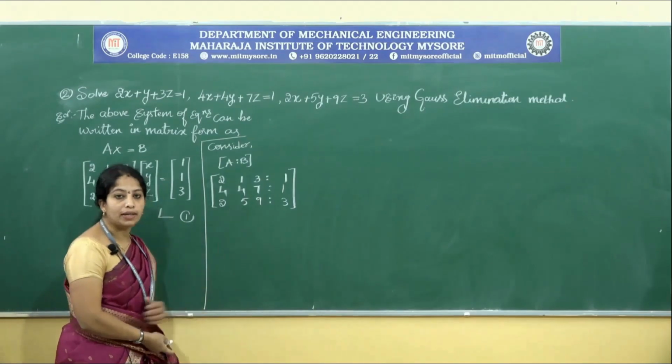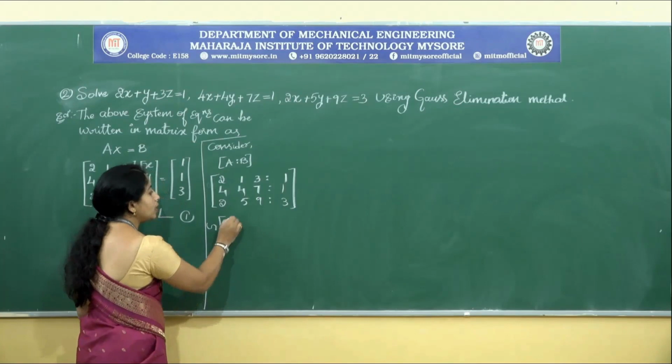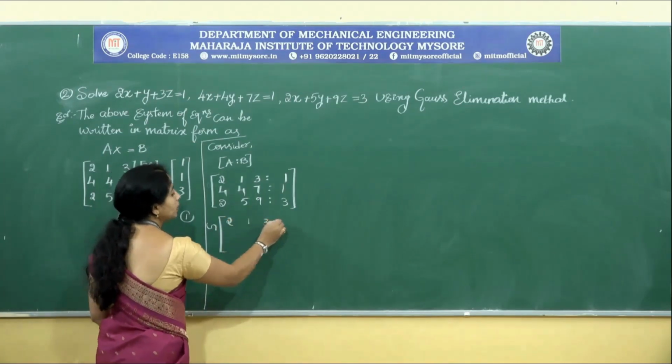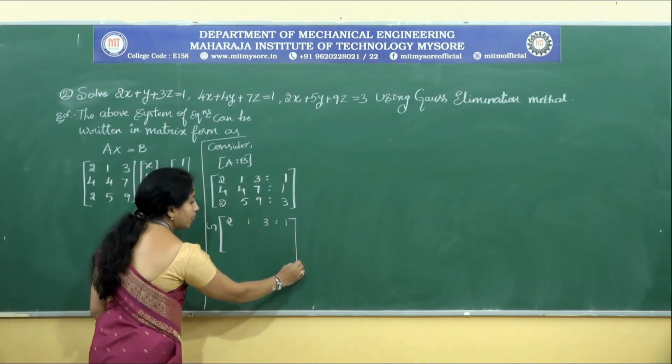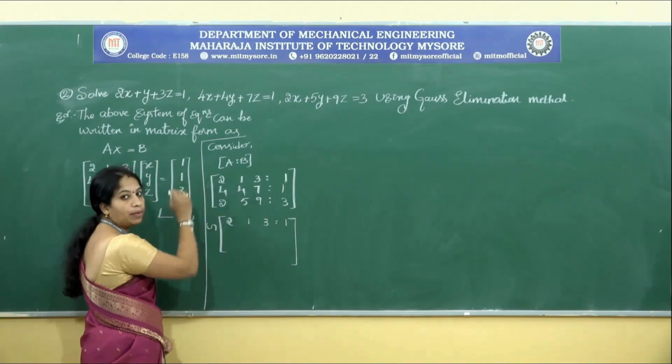Now this matrix is equivalent to, writing the first row as it is 2, 1, 3, 1. We have to make these two elements 0 by using this element.